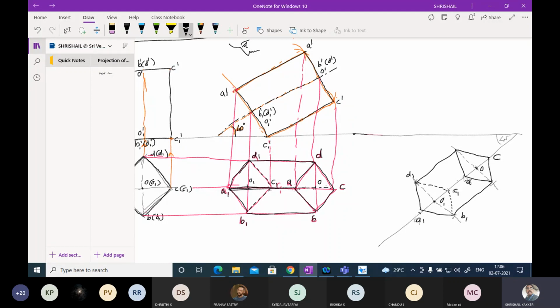And after this, from A to A1, it will be a thick line, and from C to C1, it will be a dotted line. The dotted line is behind this, so only a part of the dotted line I am able to visualize. And you can write here also D, and this is point B. So A, B, C, D I have written, A1, B1, C1, D1 I have written, all these I have joined.